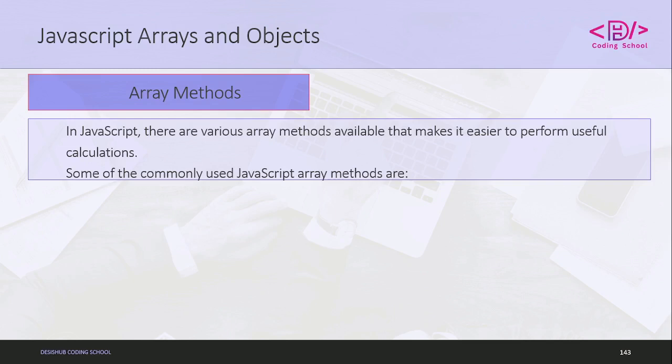We looked at those simple array methods, and in today's video we are going to look at more array methods, and we're going to focus on the commonly used ones.